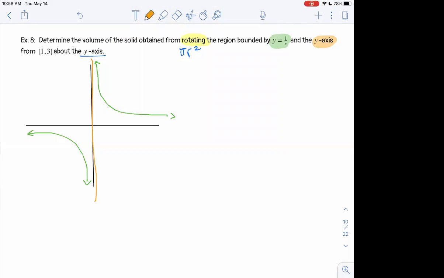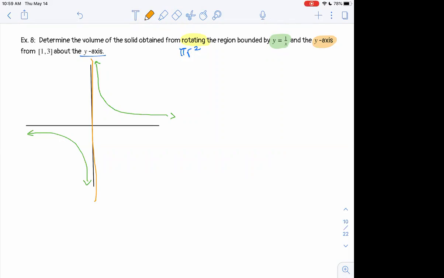So let's think context clues. Are 1 to 3 x values or y values, and how do we know? Y values?